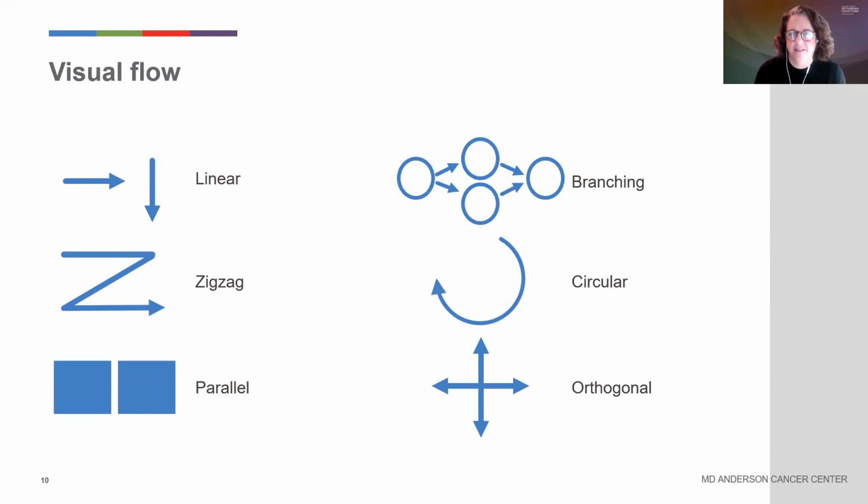So the next thing you'll need to think about is how the visual flow, the overall arrangement of the graphic, will lead your viewer through whatever the argument is to the main point. So you want it to flow naturally.